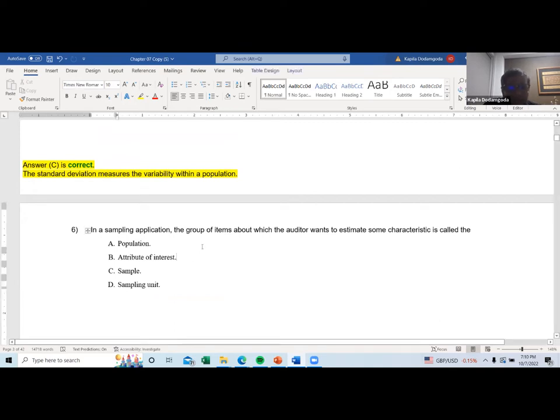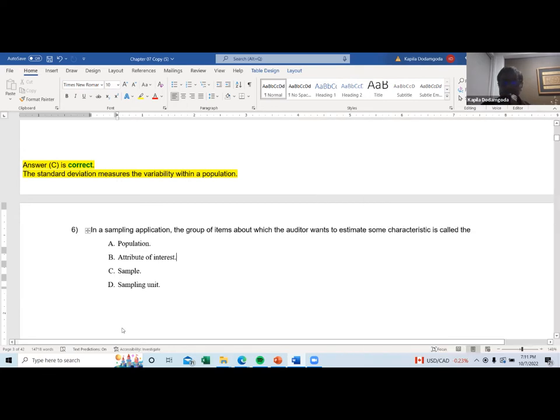In a sampling application, the group of items about which the auditor wants to estimate some characteristic is called what? A population, attribute of interest, sample, or sampling unit.